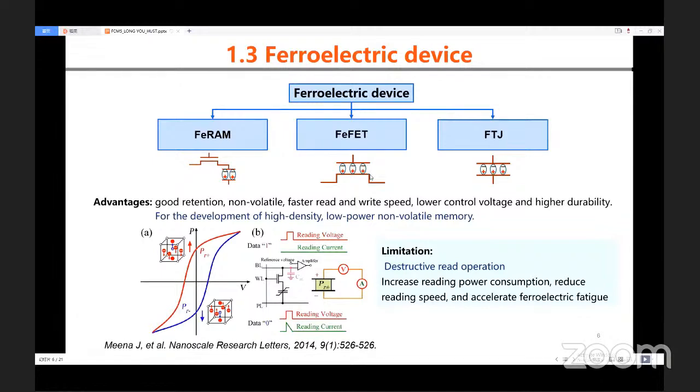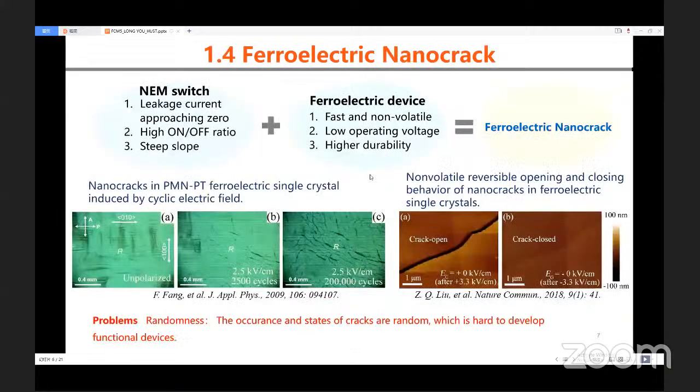In this work, we will introduce an emerging beyond CMOS technology, the piezoelectric nanocrack device. This device combines the advantages of NEM switch and piezoelectric device.